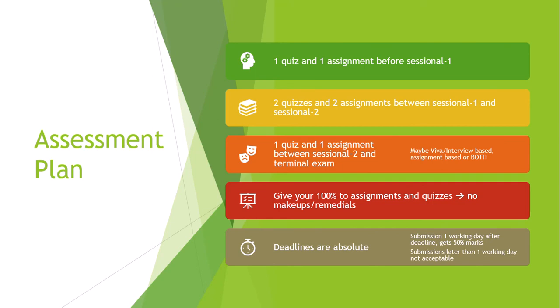The assessment plan: quiz 1 and 1 assignment before sessional 1, second quiz and second assignment between sessional 1 and sessional 2, and similarly 1 quiz and 1 assignment after sessional 2.